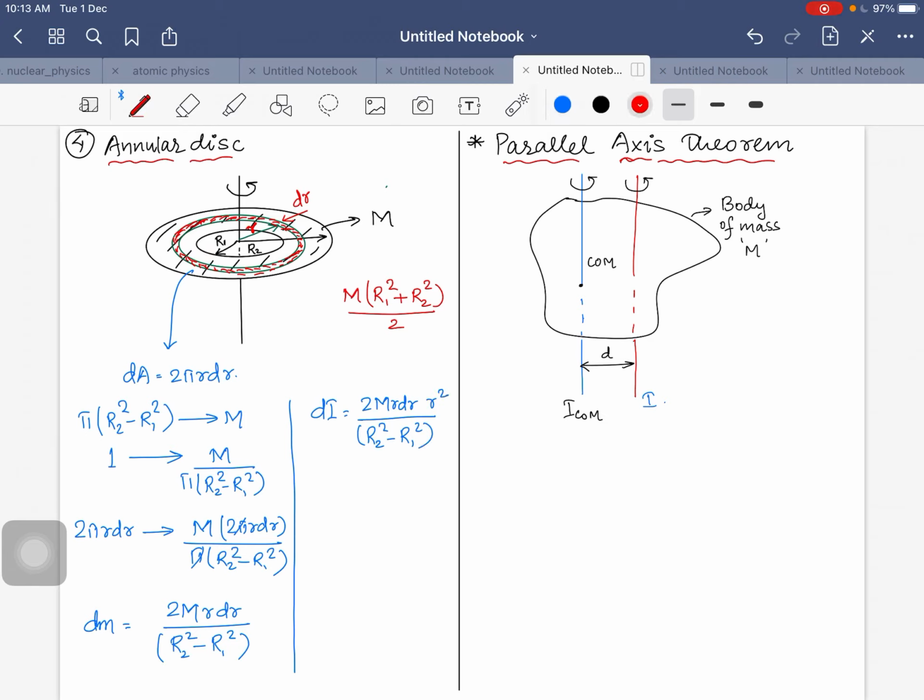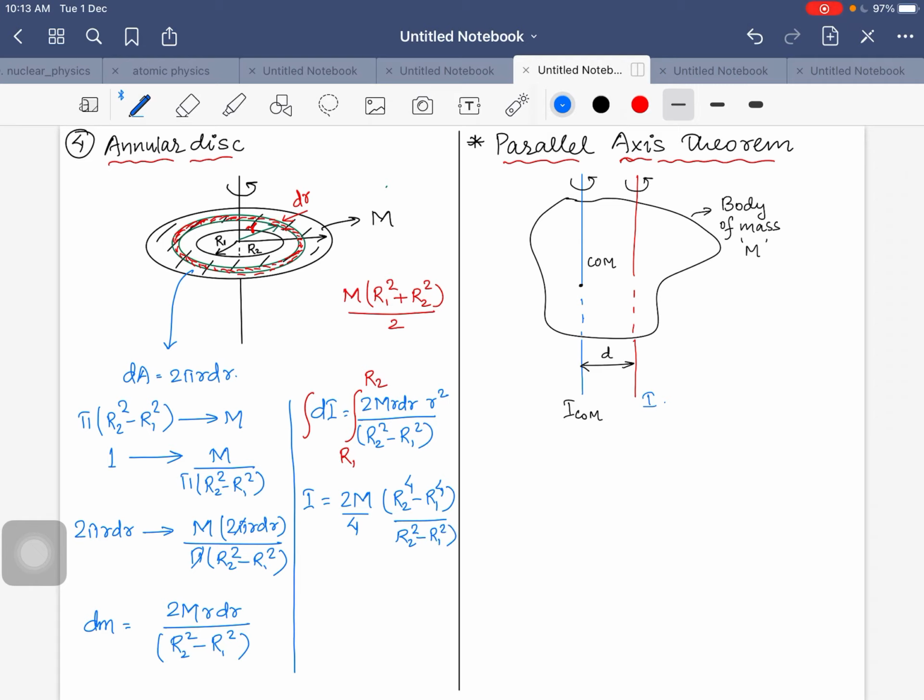Now we simply have to integrate this part. So the limit will be from R1 to R2. 2m is a constant now, it will be r power 4 by 4. Okay, so 2m by 4 times R2 power 4 minus R1 power 4, divided by R2 square minus R1 square.